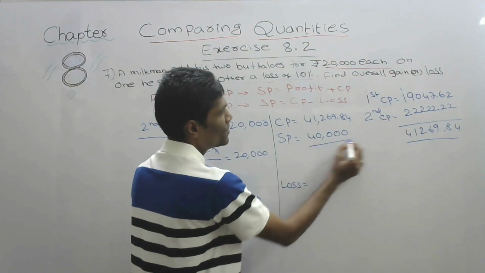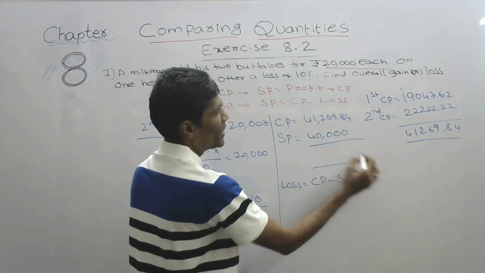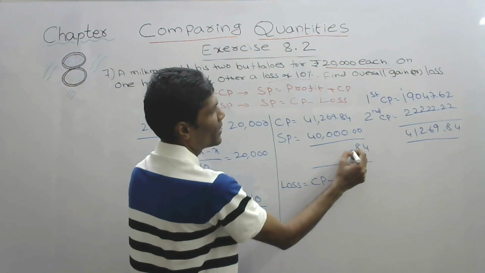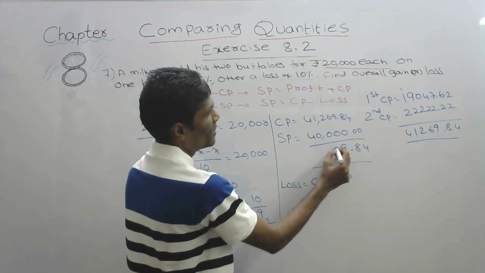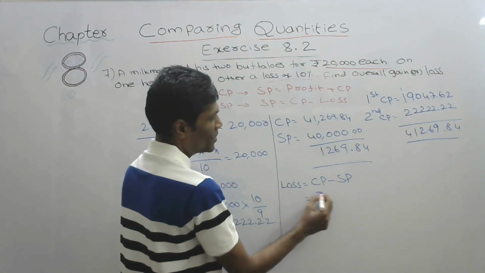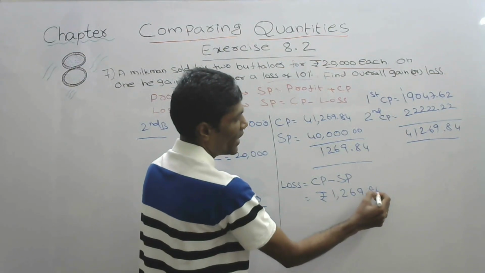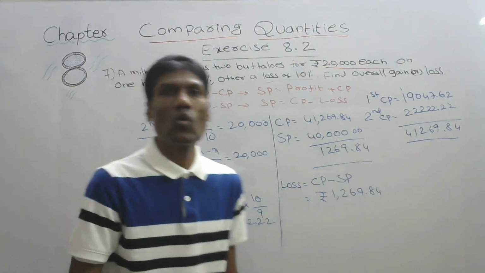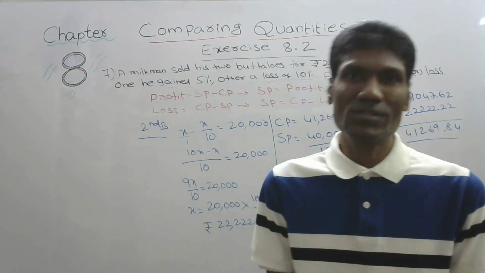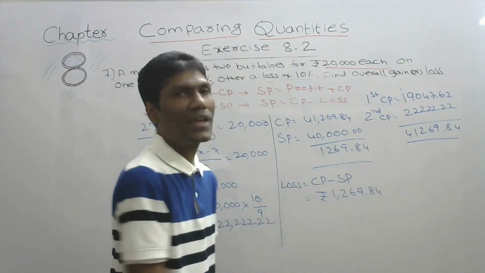Loss equal to CP minus SP, that is 1,269 rupees 84 paisa. So overall that milkman had got loss, and the loss amount is 1,269 rupees.